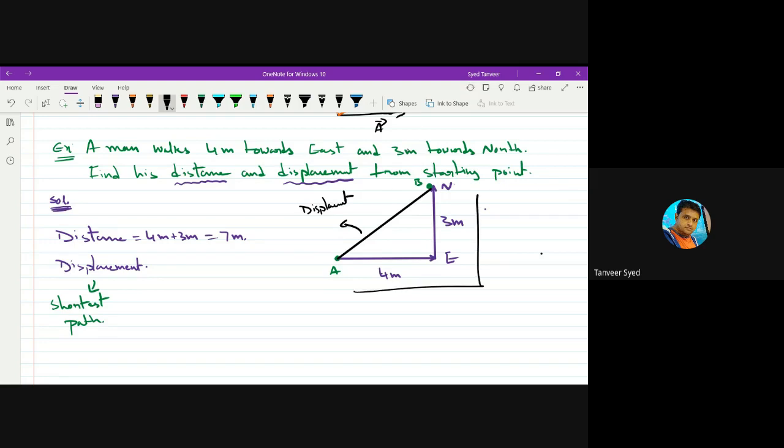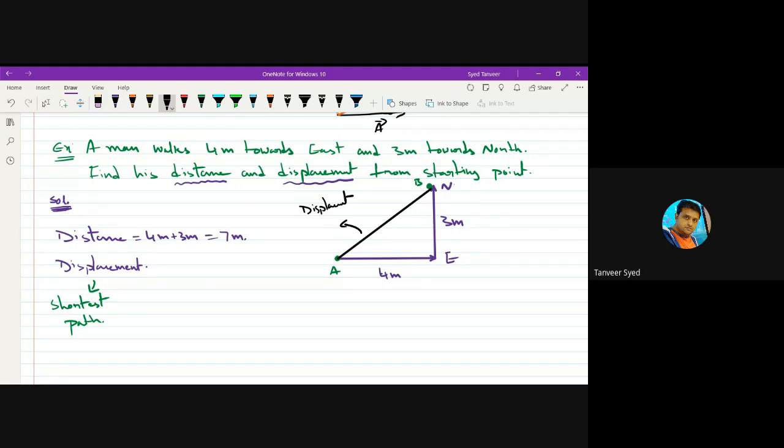This is not distance. This is not the shortest path. Only a straight line is the shortest path. You call that shortest path between two points displacement. So shortest path between initial and final positions is displacement.